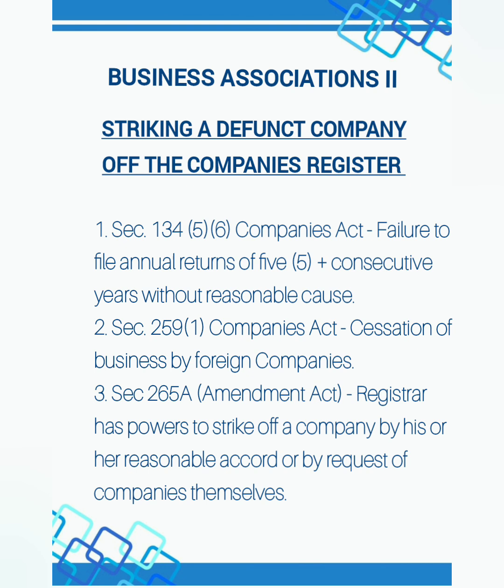Section 259. Subsection 1 tells us that where a foreign company ceases to have a place of business in Uganda, it shall immediately give notice in writing of the fact to the registrar of companies, and as from the date on which the notice is given, the obligation of the company to deliver any document to the registrar shall cease, and the registrar shall strike the name of the company off the register.